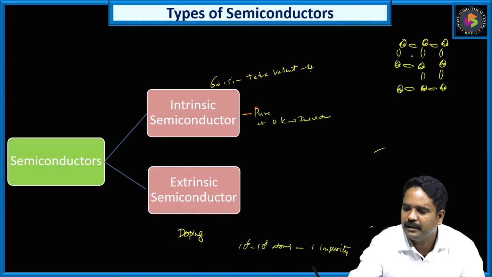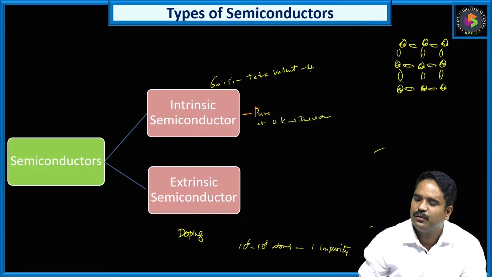To form 4 covalent bonds, each germanium atom shares 4 electrons. So basically it is a tetravalent element, valency is 4.